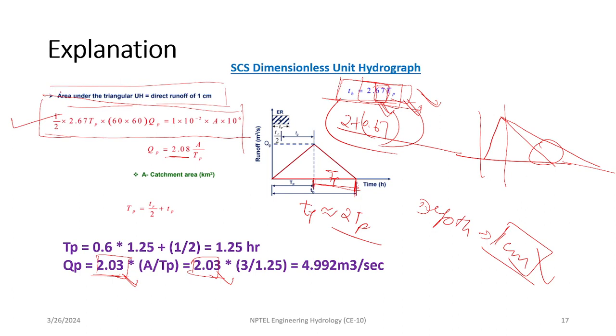It is simple, because it is just volume equals area into depth. We often get confused between capital TP and small TP. So now are you getting it? We have to do 2.08.